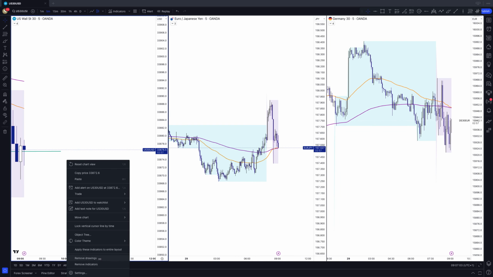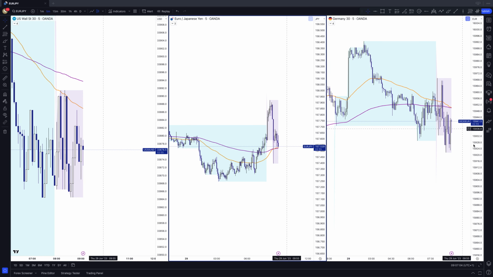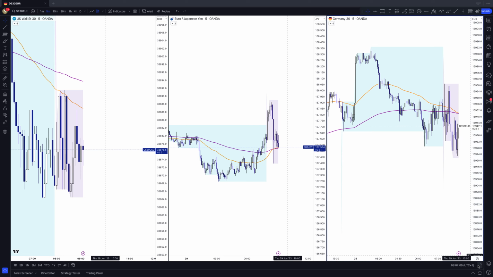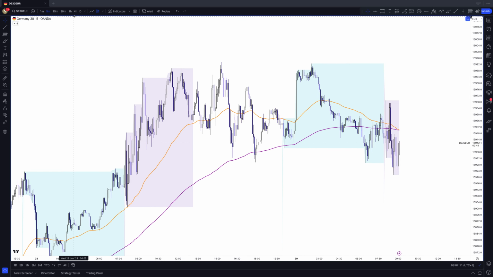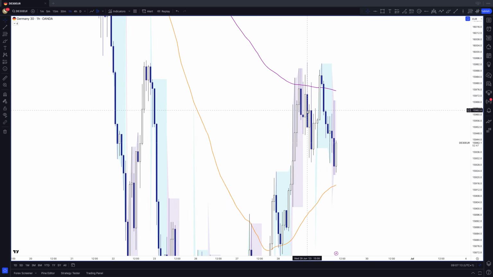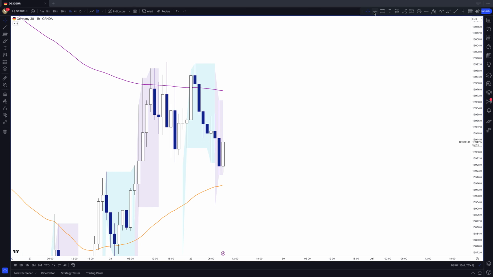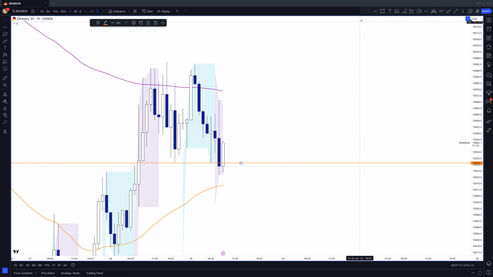Then on the German 30, I tried it also there. So quickly going onto the 1 hour to draw the horizontal level, so you see what I was thinking, what I was doing. We had, 1 second, we had this over here, a long wick, and we had this level over here.